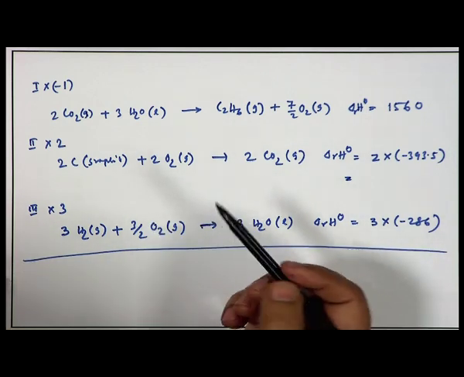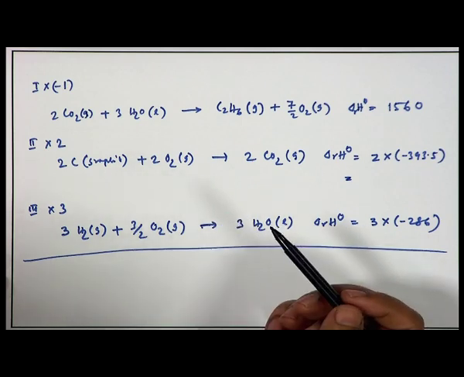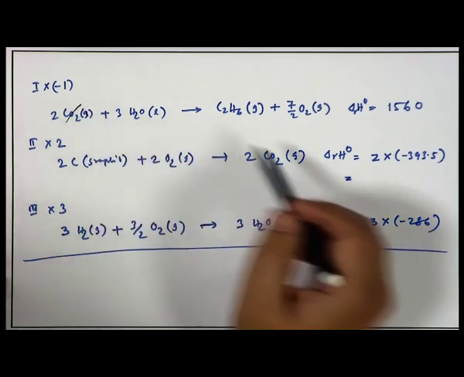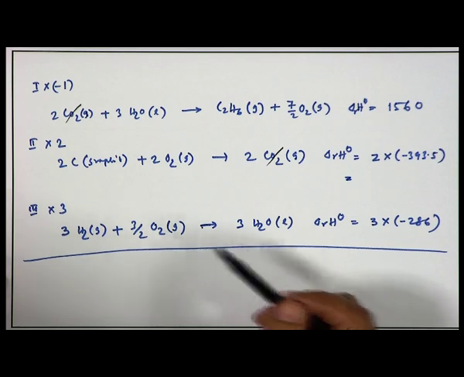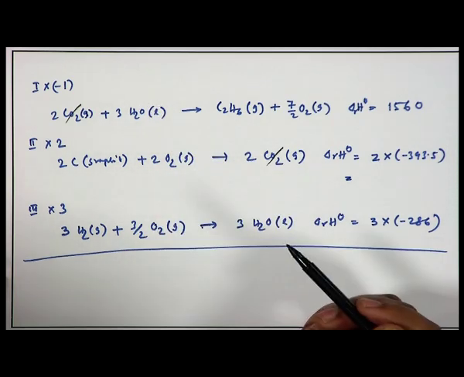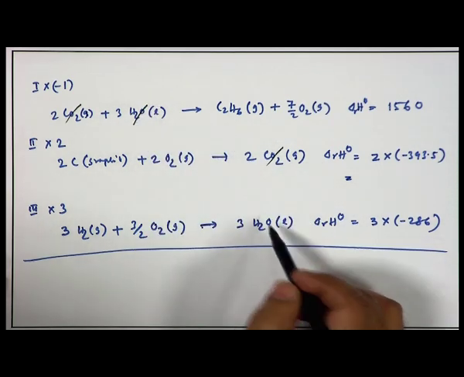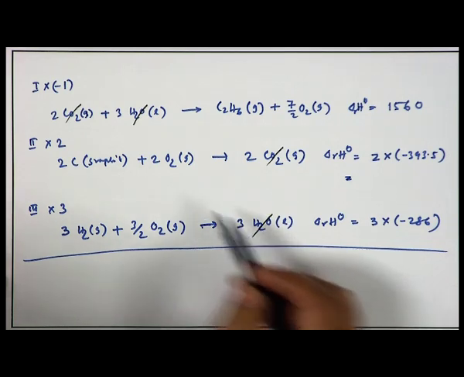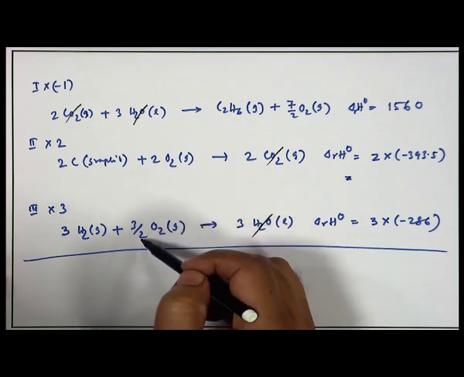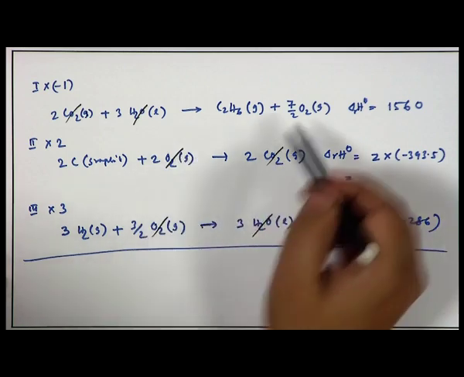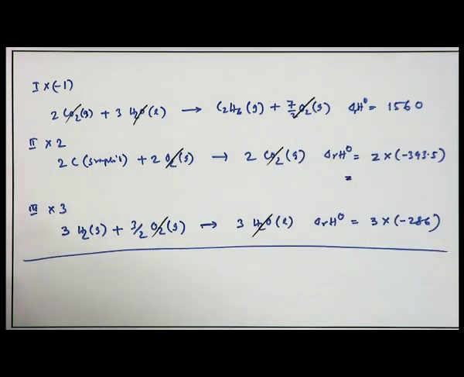This carbon dioxide will cancel out. This water, 3 water, will cancel out, and 2 oxygen and 3/2 oxygen will cancel out with 7/2 oxygen on both sides.